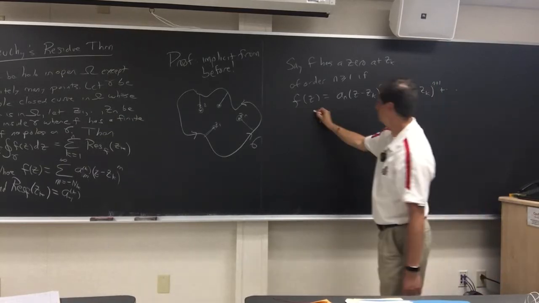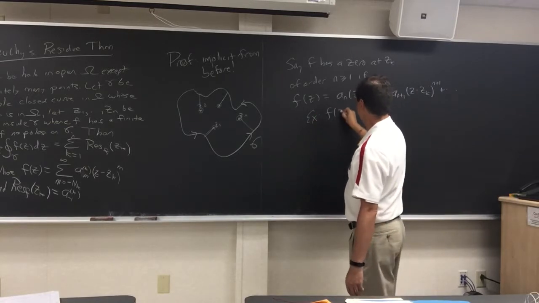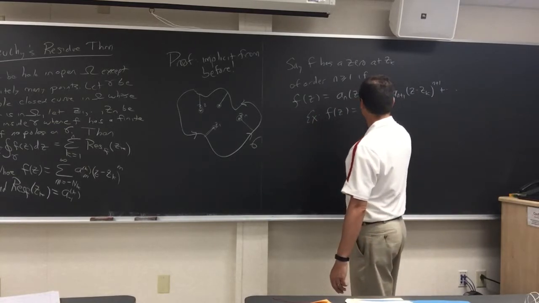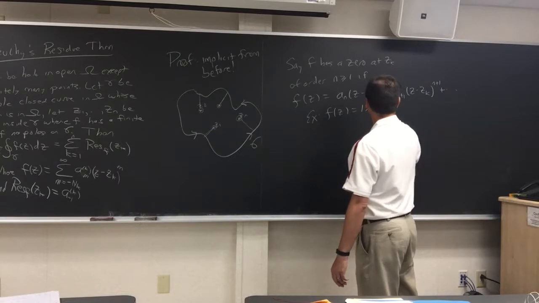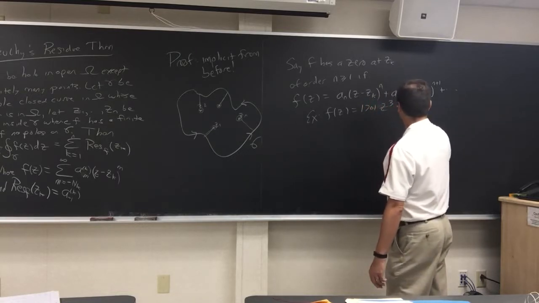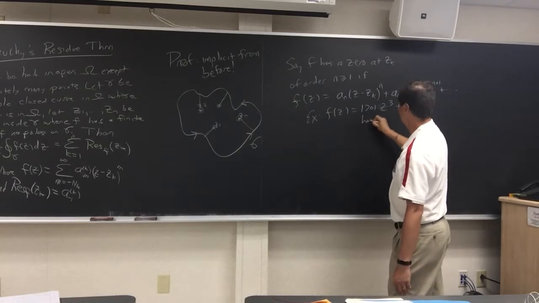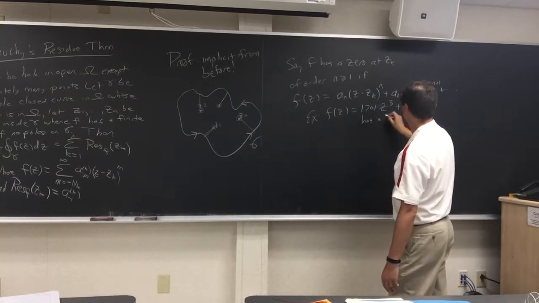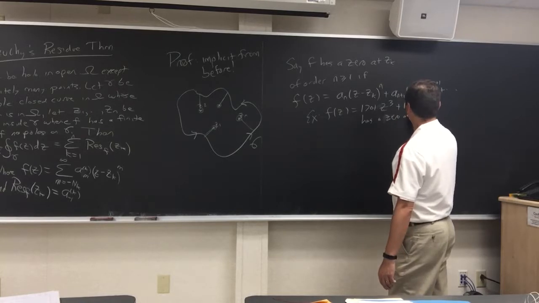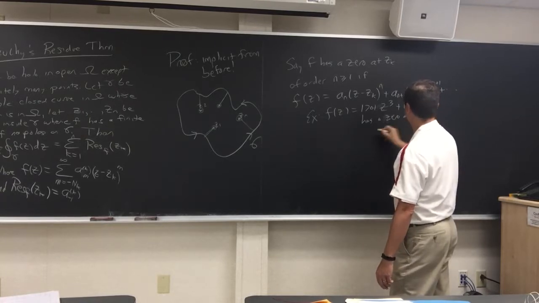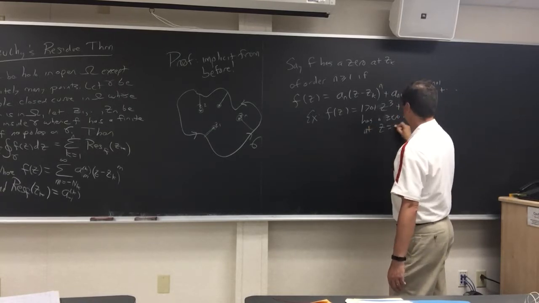So for example, f of z equals 1701 z cubed plus 1997 z to the 8th has a 0 of degree 3 at z equals 0.